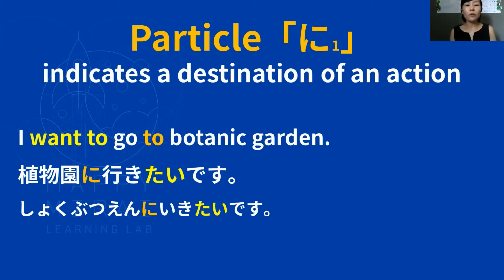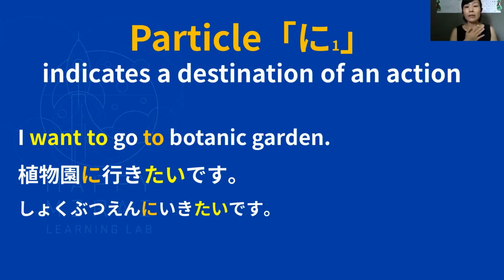For example, I want to go to a botanic garden. 植物園に行きたいです。行きたい. It's たい, 何々 be たい. This is mainly to express the speaker's wish, so you don't have to say 私は.